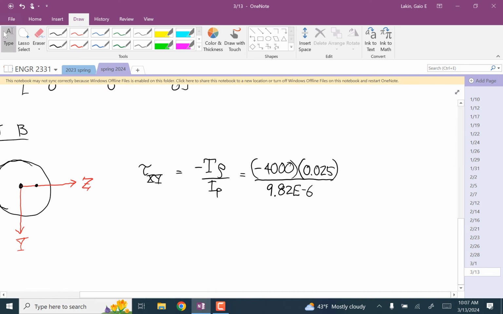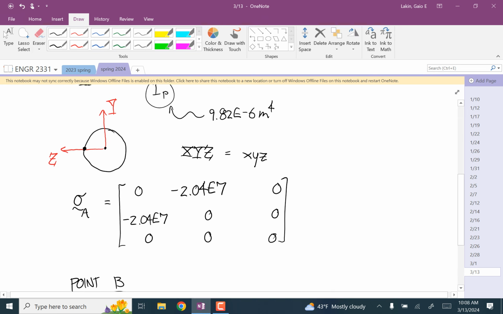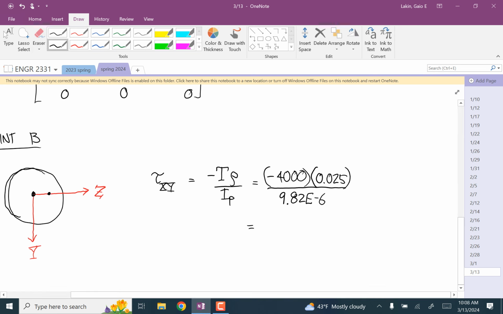Since the only thing that changed here was the rho vector, and the rho vector is half what it was in the other case, I know that this value is going to be half of what it was, so this is going to give us negative 1.02 times 10 to the 7.